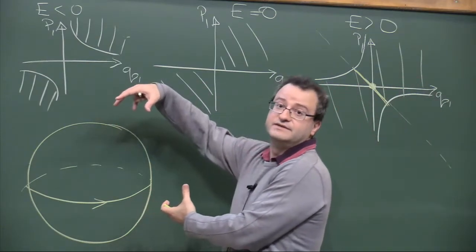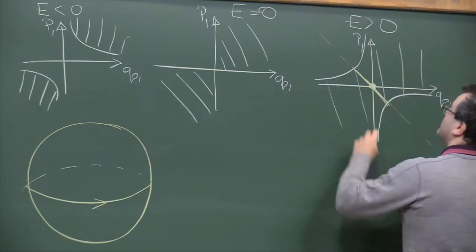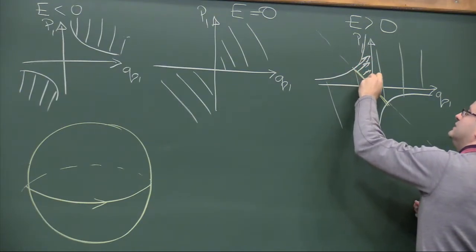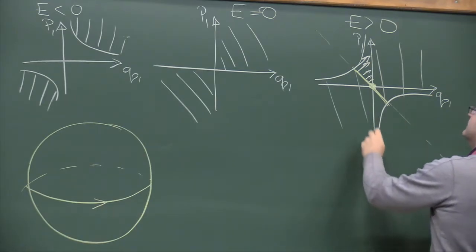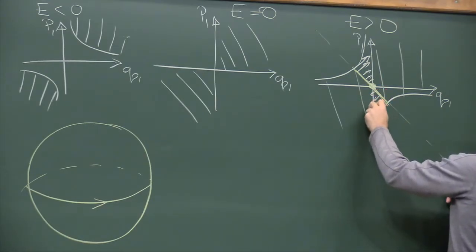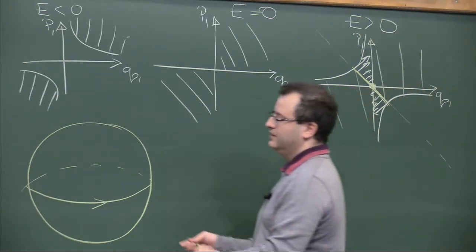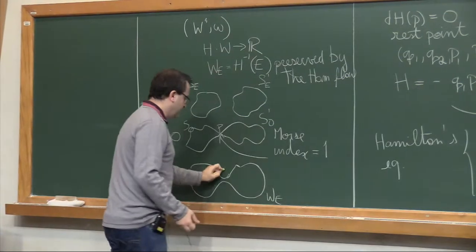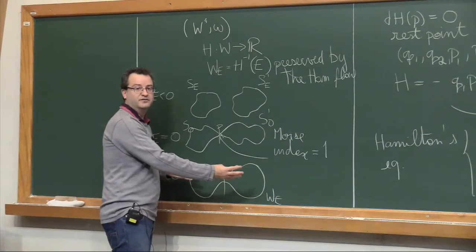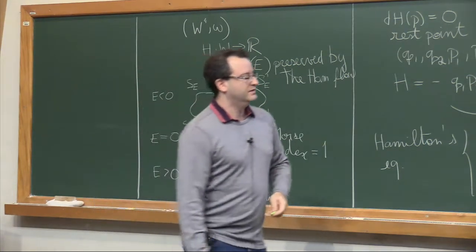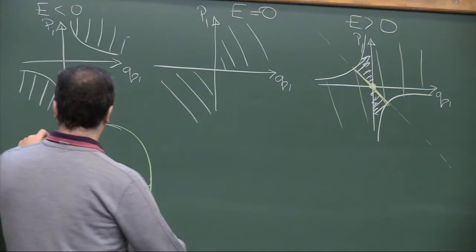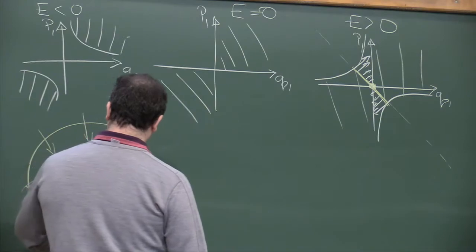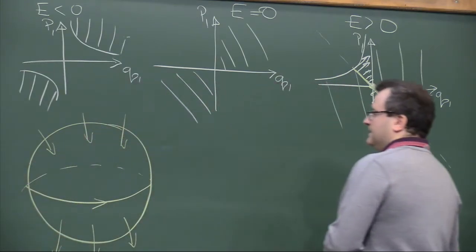And these two hemispheres, one of them in the interior is pointing to one of the sides, and the other one is pointing to the other side. So this two-sphere is separating the two sides of the energy level. And so there are orbits going from one side to the other.